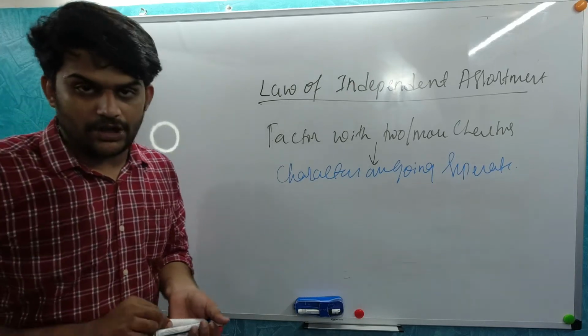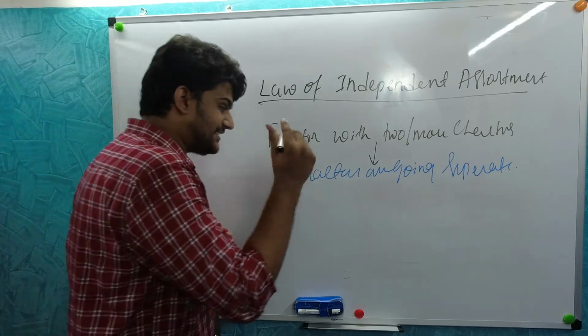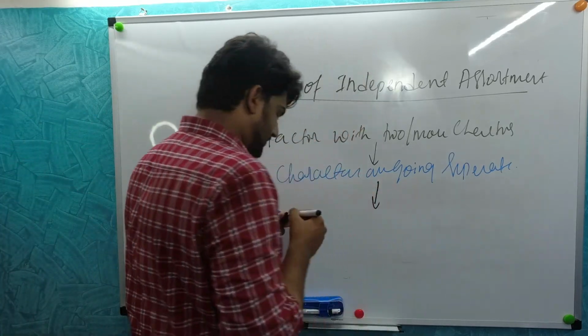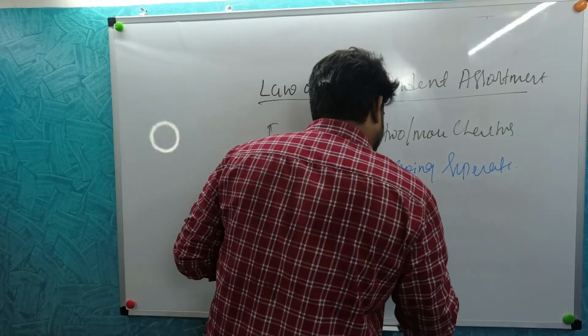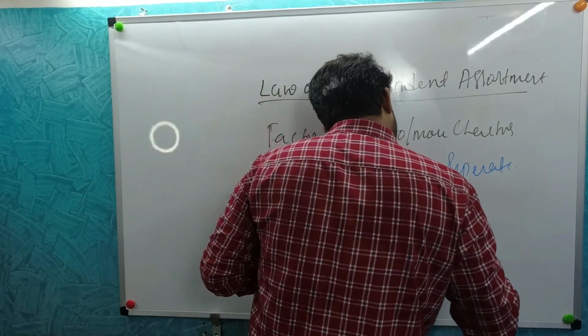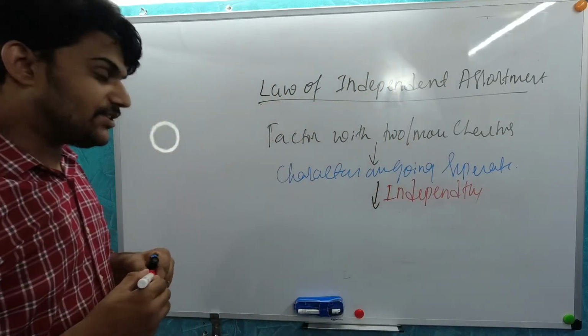When there is a formation of gametes, the characters are going to separate. That is a very important law thing that comes, that is, independently. Independently, it is going to assort itself.